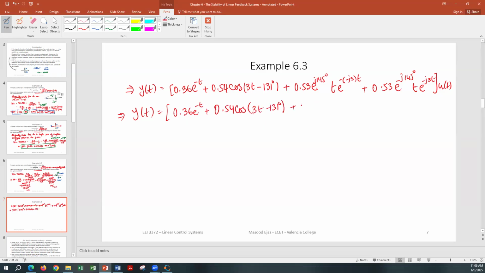Okay, 0.53 is a common factor. t is common. And then we have e to the power j3t plus 145 degrees, and from here, e to the power negative j 3t plus 145 degrees.